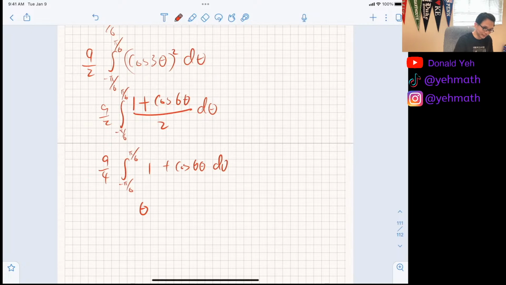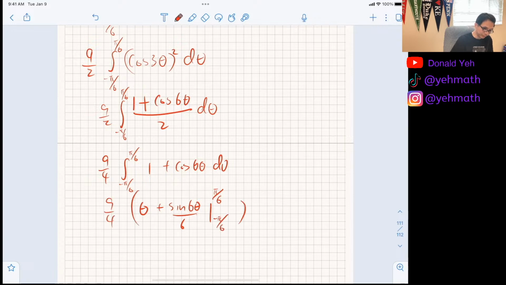And then this one is going to be plus sine 6 theta over 6, between pi over 6 to negative pi over 6, right?